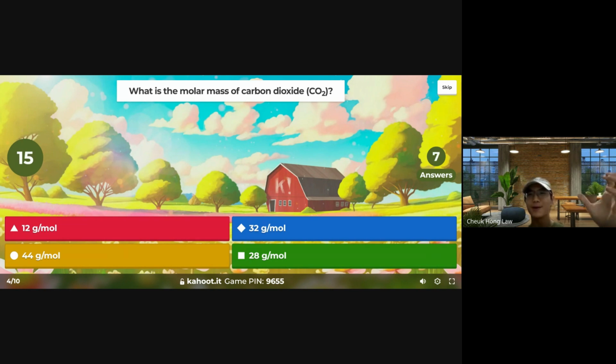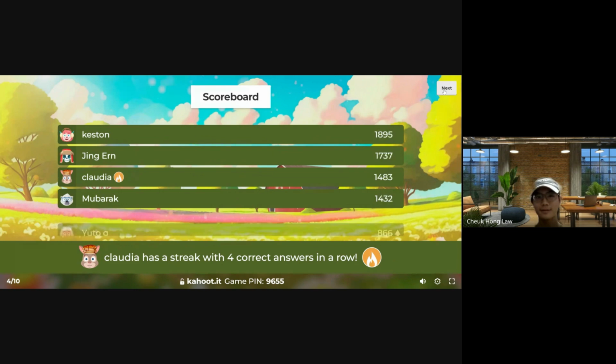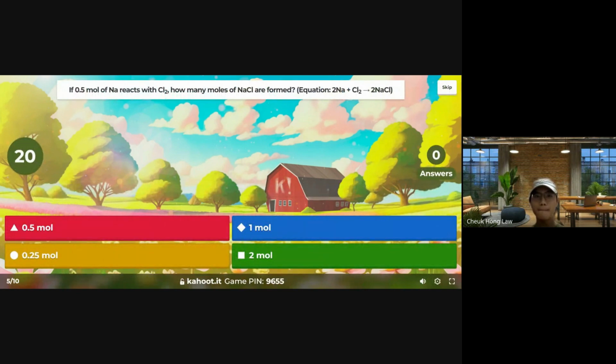So you guys need to prepare your calculator with you. Good job. Mostly got it correct. Keston still leading. Okay. How many moles of NaCl is formed? Okay, I gave you the equation as well.